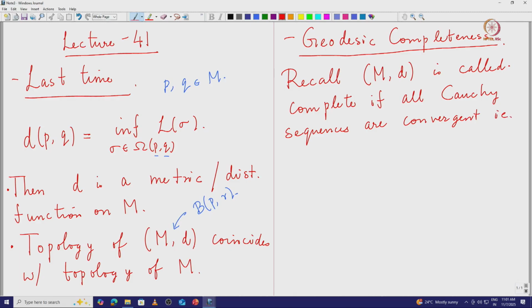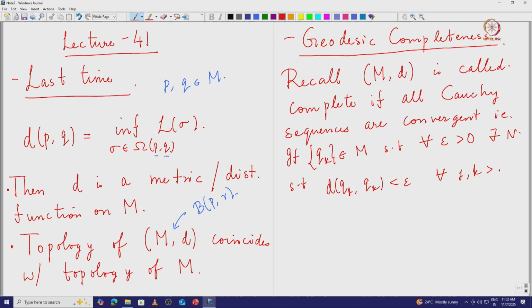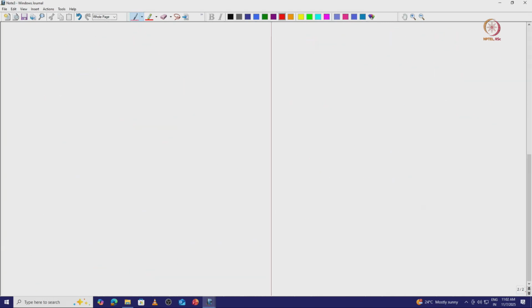That is, if q_k is a sequence such that for all epsilon there exists a capital N such that the distance between q_j and q_k is less than epsilon for all j, k bigger than N, then q_k converges to some q in M, okay. So this is the notion of metric completeness, right.